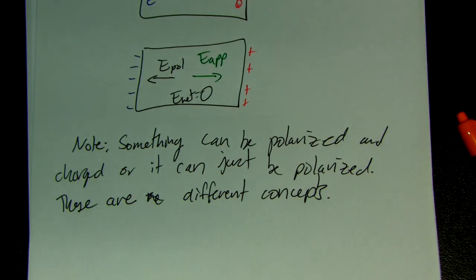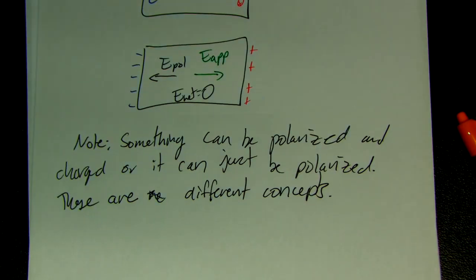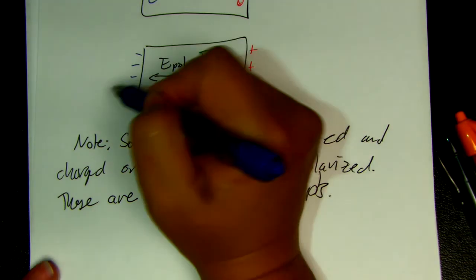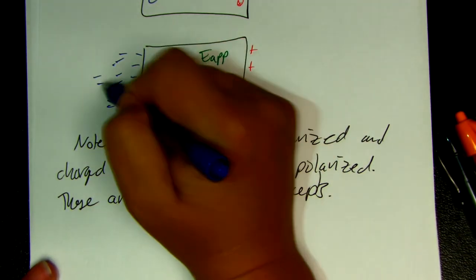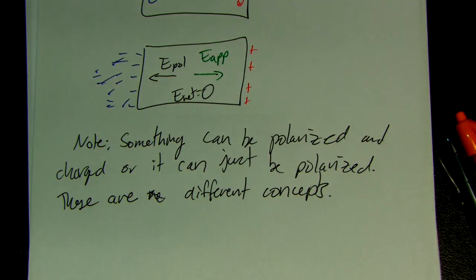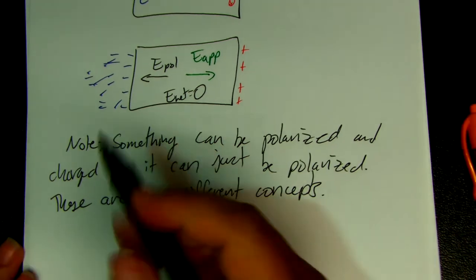Charged has to do with having an excess of either positive or negative charge. Polarized has to do with the separation of charges. So if we were to have excess electrons on this metal, it would be charged, and you could still polarize it by separating the two charges on either end.